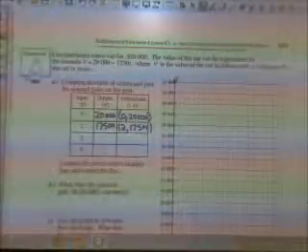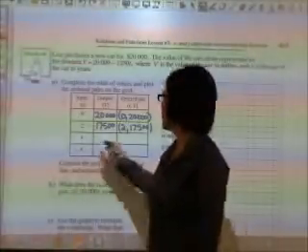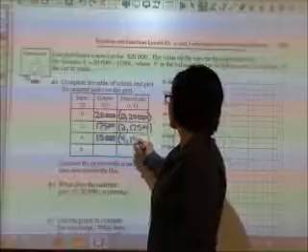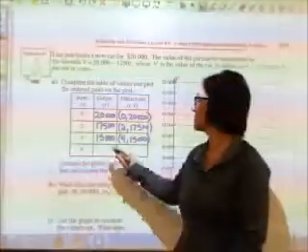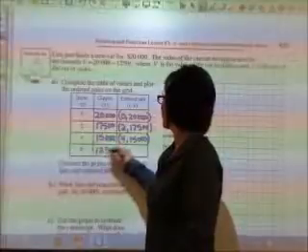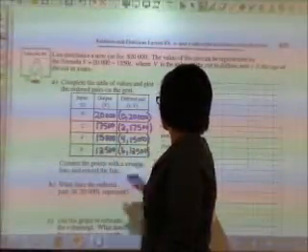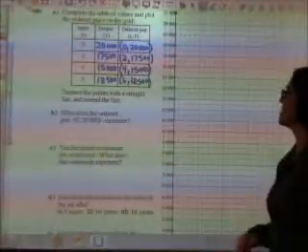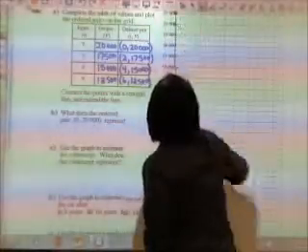What is the car worth after 4 years? 15,000. And after 6 years? So if I graph these, plot these on the grid, at 0 years I'm at 20,000.